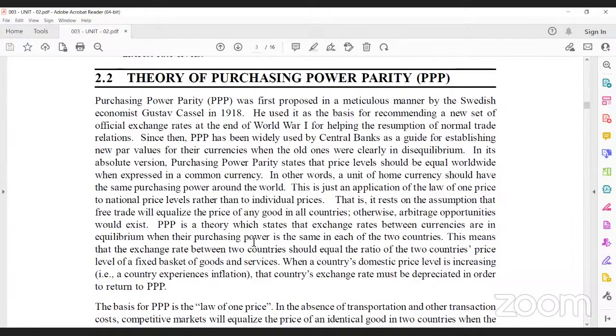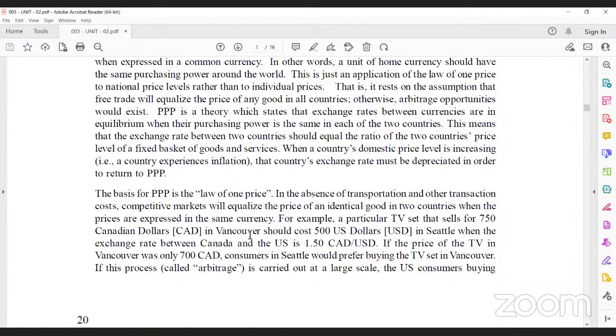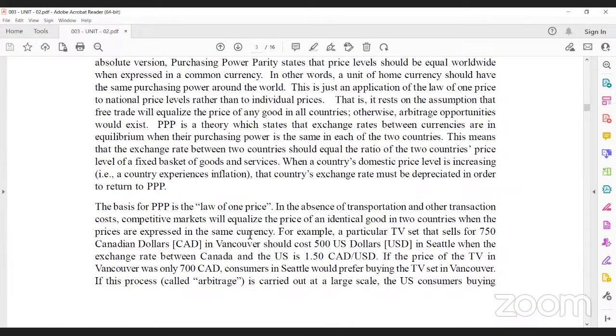It assumes that free trade will equalize the price of any good in all countries. Otherwise, arbitrage opportunities would exist. This theory believes that exchange rates between currencies are in equilibrium when their purchasing power is the same in two countries. It means that the exchange rate between two countries should equal the ratio of the two countries' price levels.